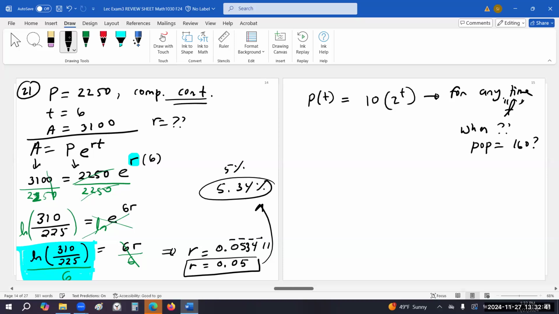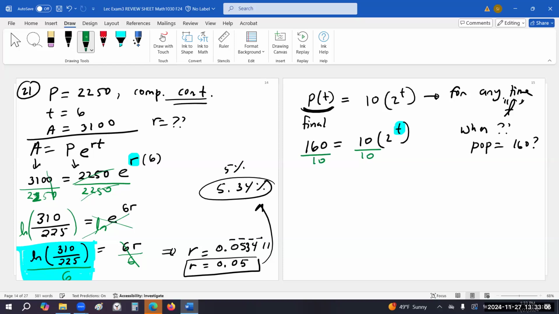So this is the final amount. Whatever we have on the left side or one side is always the final amount. Our final amount is 160. And we are looking for when. When means time.